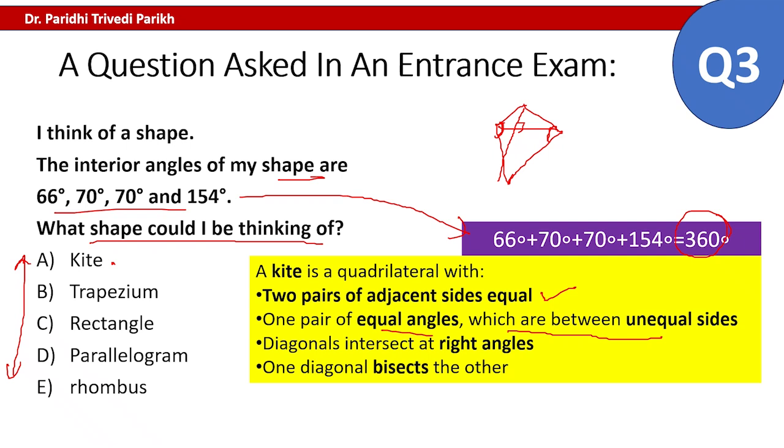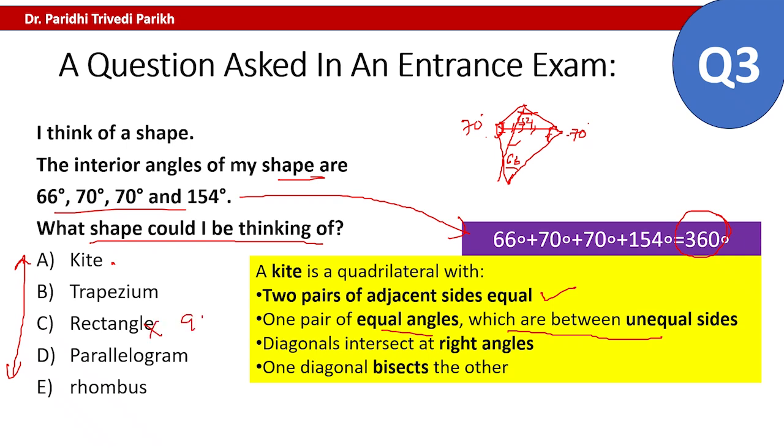This is a right angle. One diagonal bisects the other. These are the properties, okay? So this one is going to be 66, this one is going to be 70, this one is going to be 70, and this one is going to be 154. So these two are going to be equal interior angles.